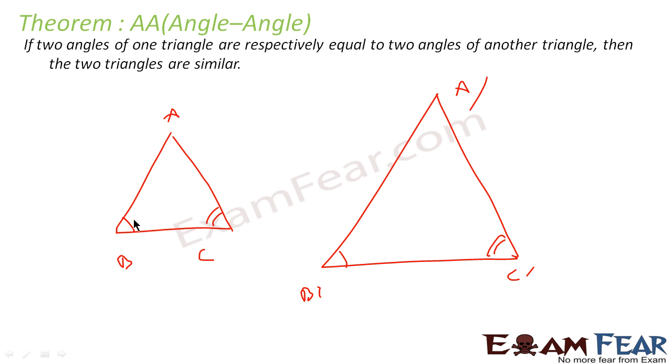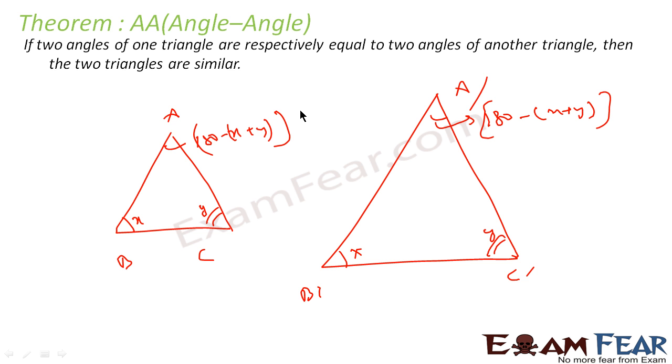Why? Because if this is X and this is Y, this will be 180 minus (X plus Y). Because B is equal to B dash and C is equal to C dash, this also has to be 180 minus (X plus Y). So angle A will always be equal to A dash.